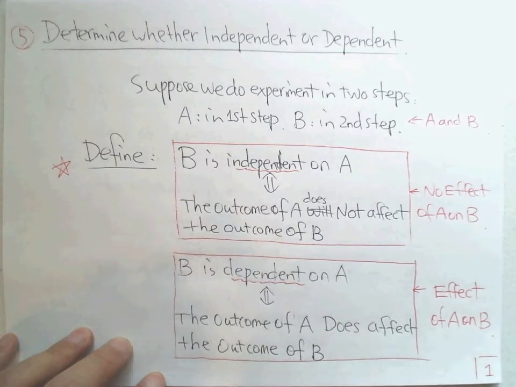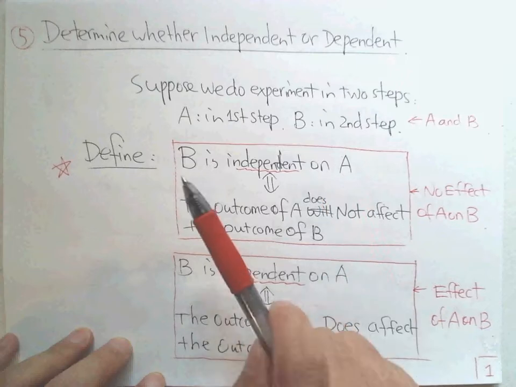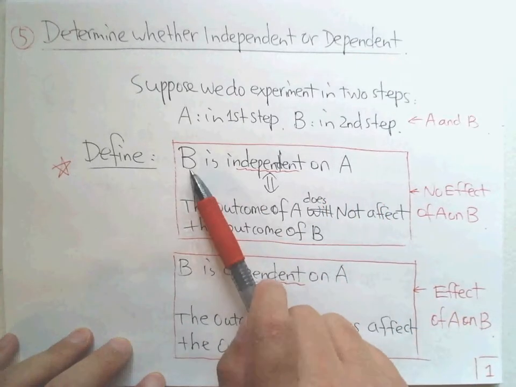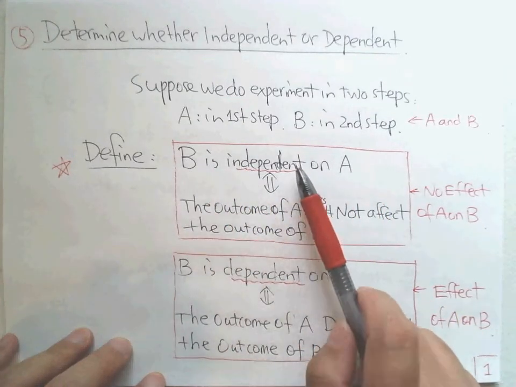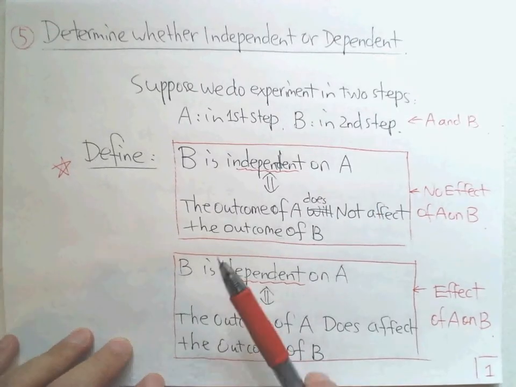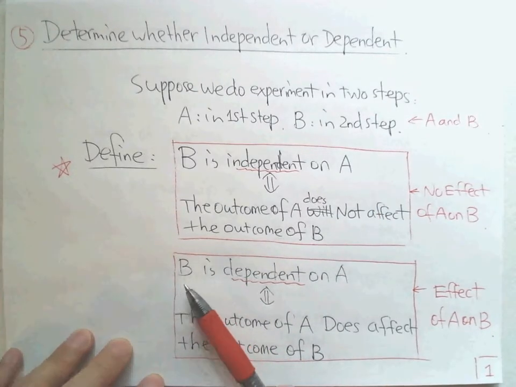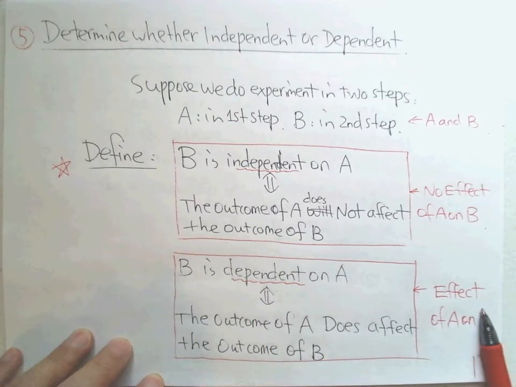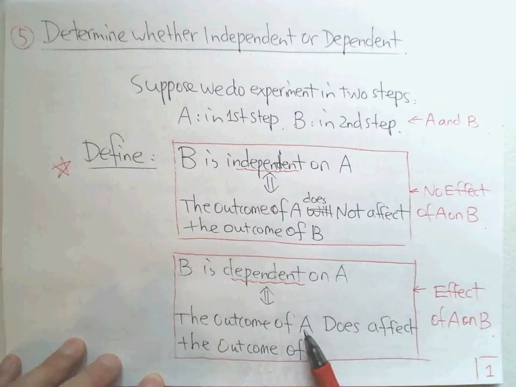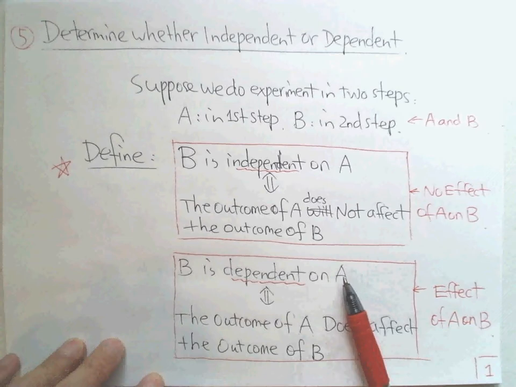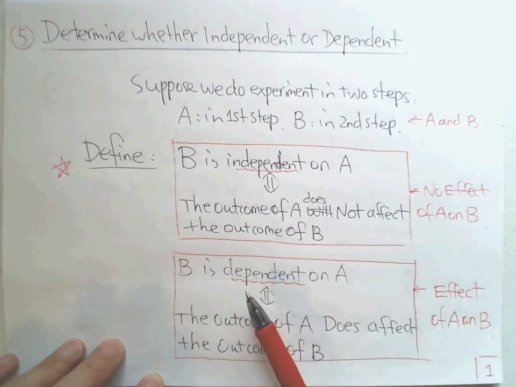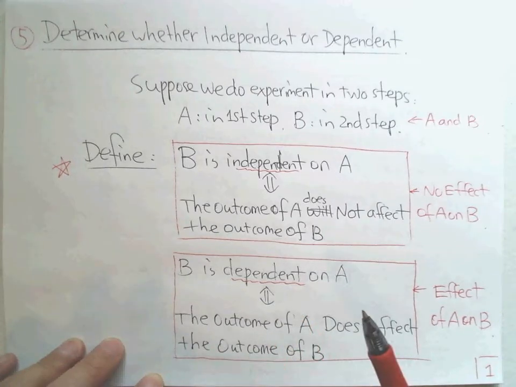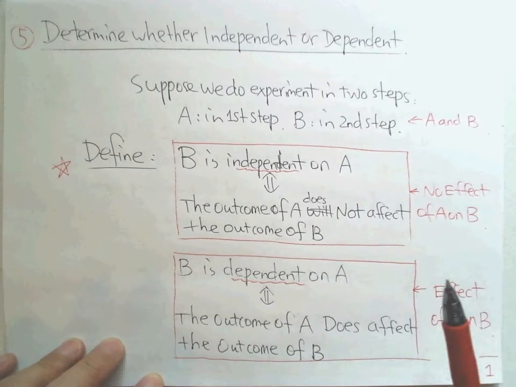That means A will not affect B, so B is independent of A. The opposite is B is dependent on A. Of course, A will affect B, or the outcome of A does affect the outcome of B. If A happens in this way, B has one probability, and if A happens another way, B has another, different probability. See, the outcome of B was affected by A, right?